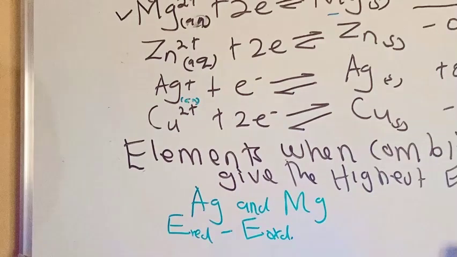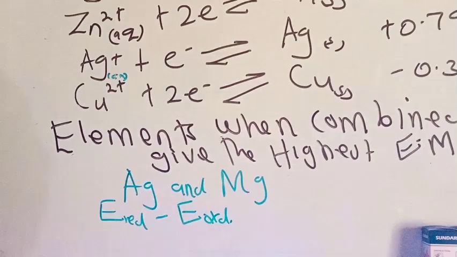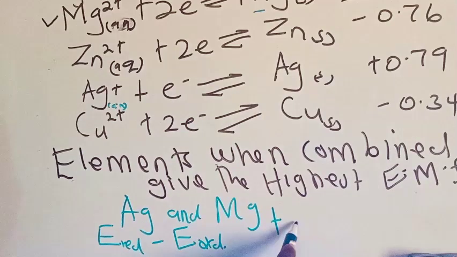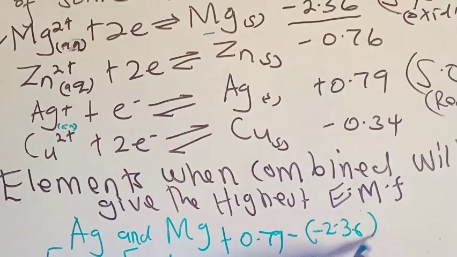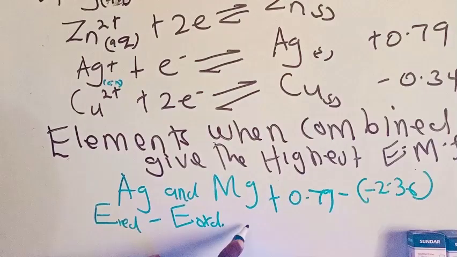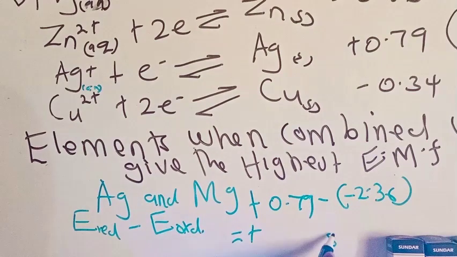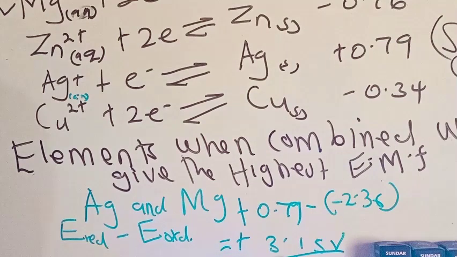In this case, our E reduced is positive 0.79 minus negative 2.36. These are positive here, so that is 3.15 volts. The word volt must be there. This is the unit for electromotive force.